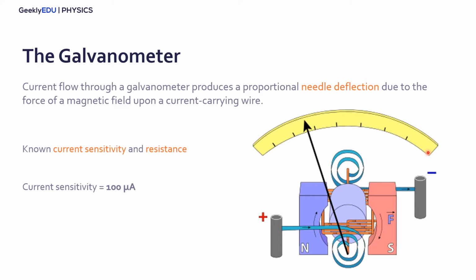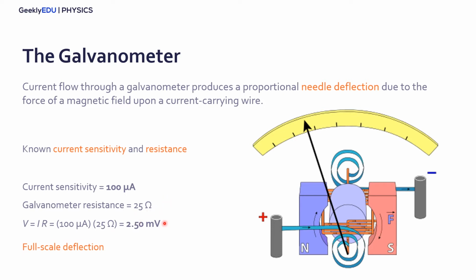Let's suppose now that we have a resistance of 25 ohms in the galvanometer, so we can calculate the voltage, which would be 2.5 millivolts. So with a current sensitivity of 100 microamperes and 25 ohms, if we measure this voltage here, we have a full scale deflection also.